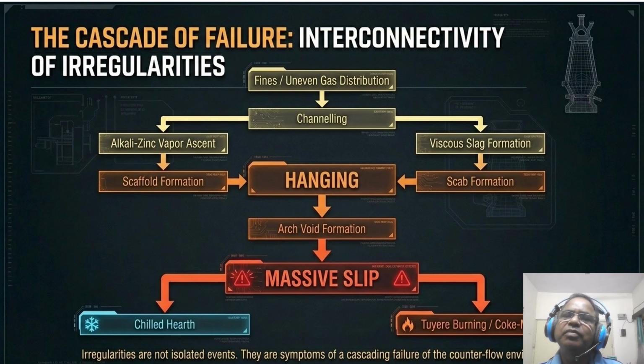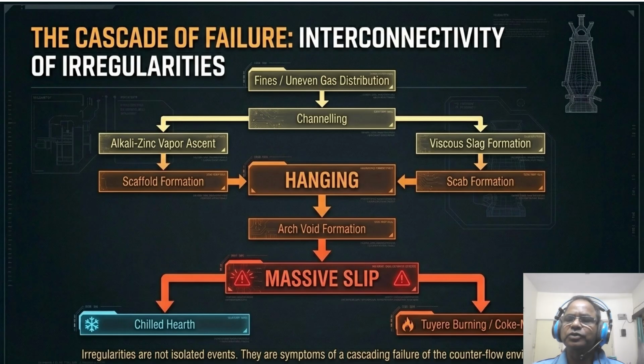It's a symptom of a cascading failure of the counterflow environment. If you can stop the channeling at the top, you prevent the chilled hearth at the bottom. As engineers, we must intervene at the highest point of the cascade possible. To perform those interventions, we have four primary control levers.